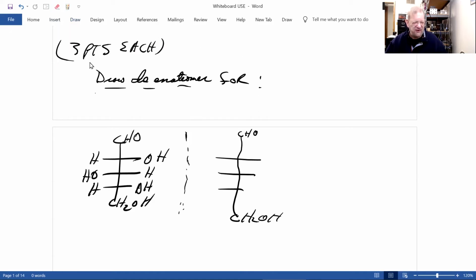What's closest to the mirror in the first carbon, you'll see first. What's farthest away, you'll see farthest away. Next carbon, what's close to the mirror, hydrogen. What's farthest away, this one. And finally, the last one, what's closest to the mirror, this one. And what's farthest away, this one. And that's how you draw an enantiomer.